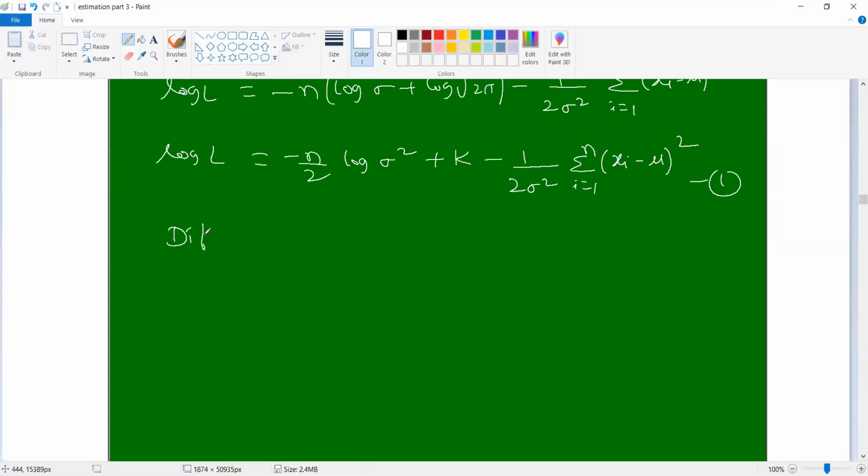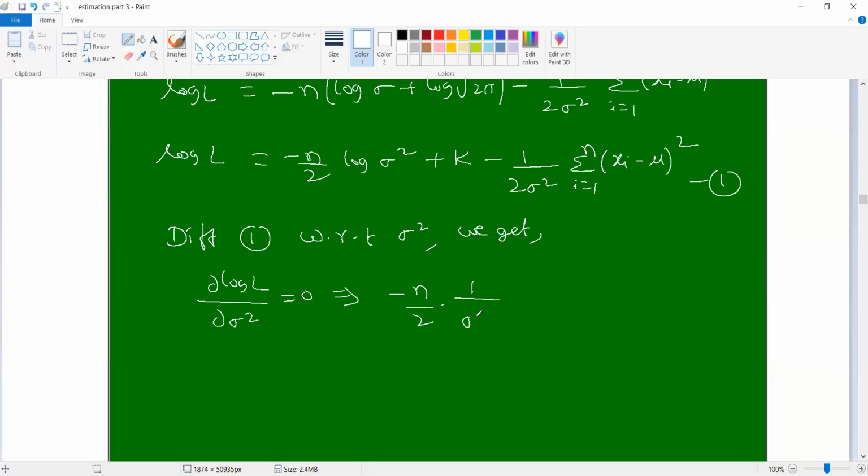Differentiate equation 1 with respect to sigma square: dou log L by dou sigma square, where sigma square is a variable, equal to 0. Now minus n by 2 is constant, and log x, treating sigma square as x, gives 1 by x.